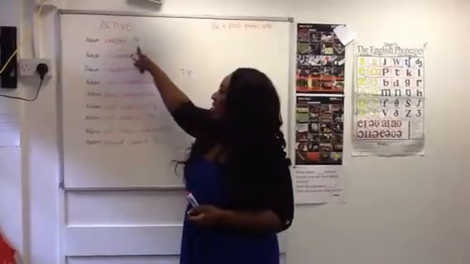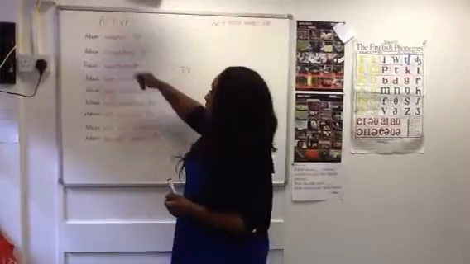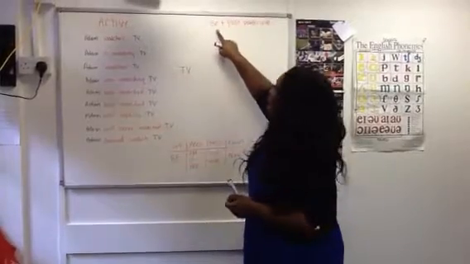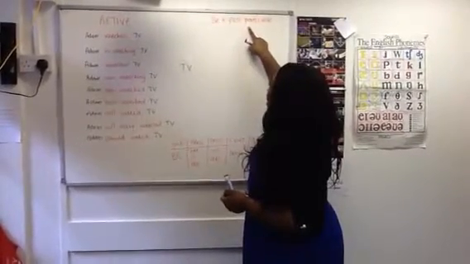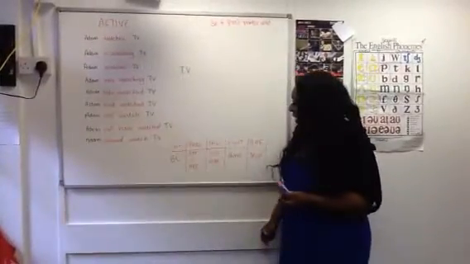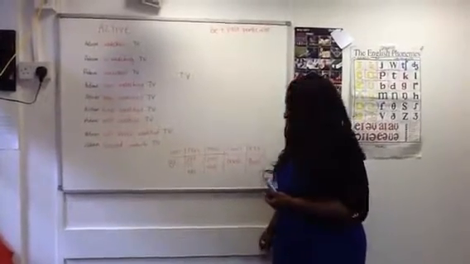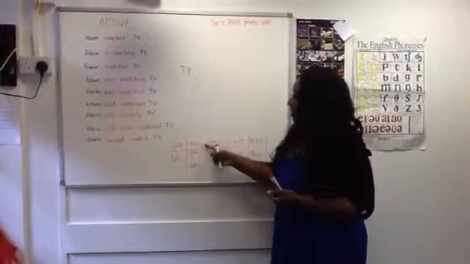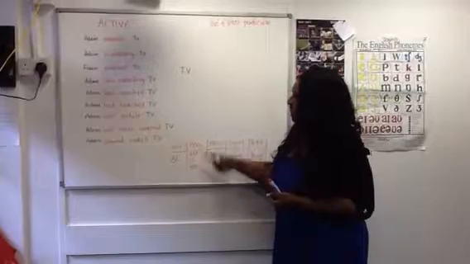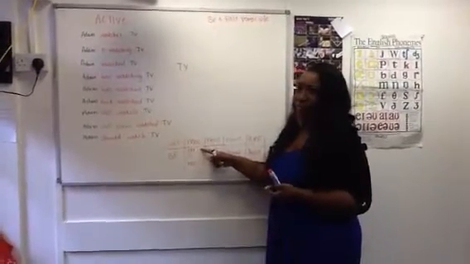Adam watches TV. This is the present simple tense. So, I know that to make a passive sentence, I have to use be plus past participle. What type of be? If I look at my table, which has every different way we can write the verb to be, I'm going to look at the present column. Am, is, or are. So, TV, am, that's not right.